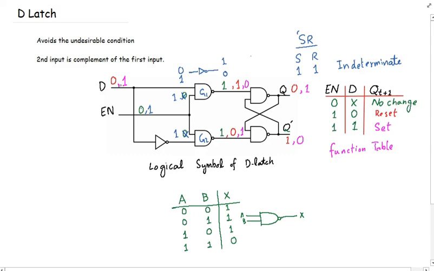If D is equal to 1, Q is also equal to 1. So in the next state, if we disable the enable input, whatever value was present at D is stored at Q. That is why this latch is also called a transparent latch.